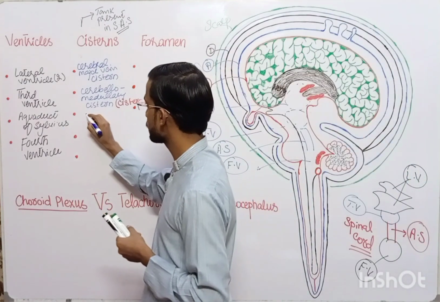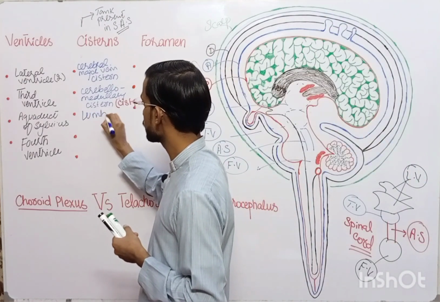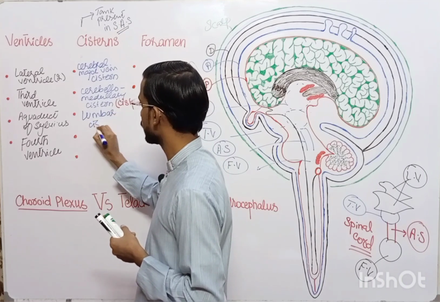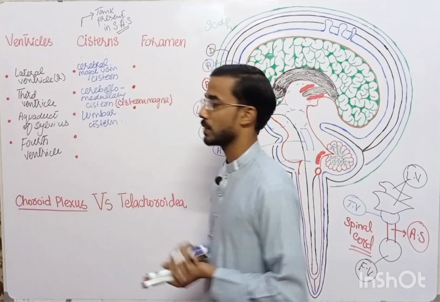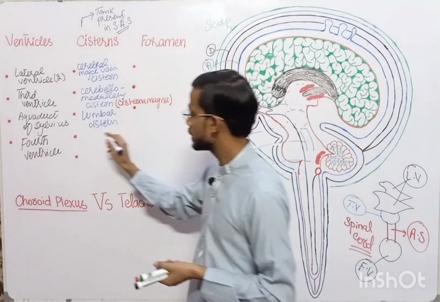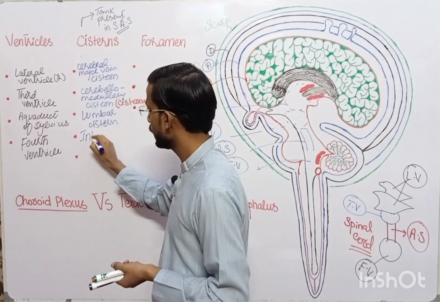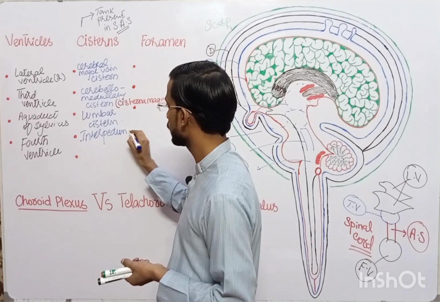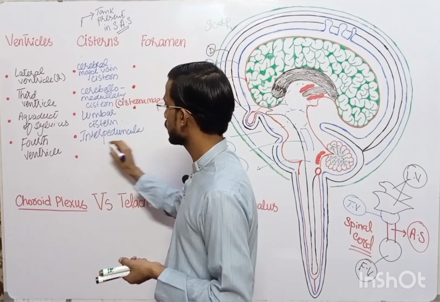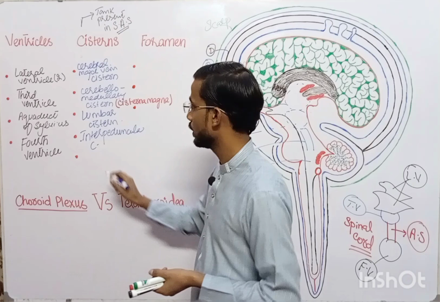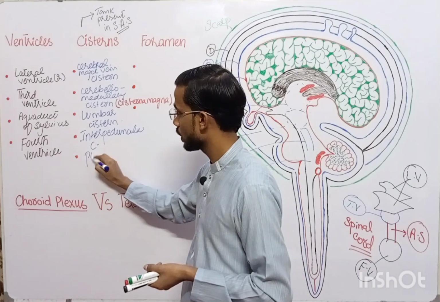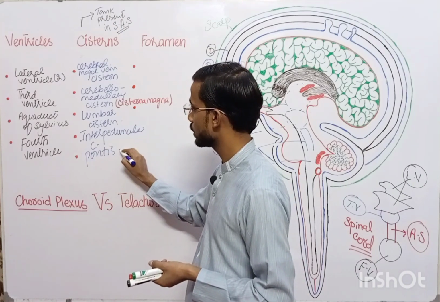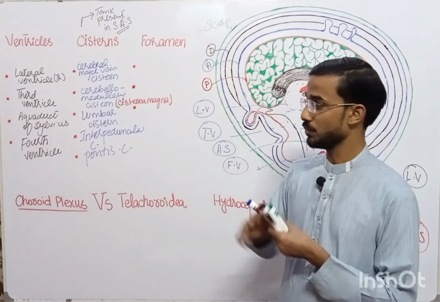Third one is the lumbar cistern, and fourth is the interpeduncular cistern, and last is the Pontis cistern. So these are the 5 cisterns.